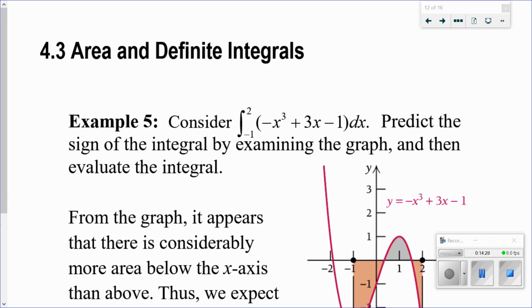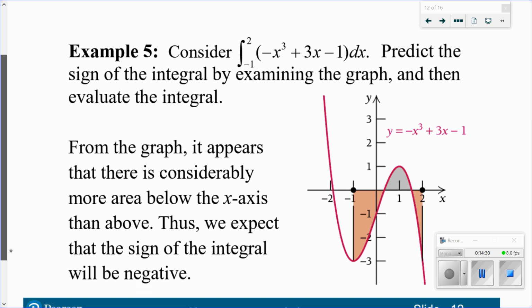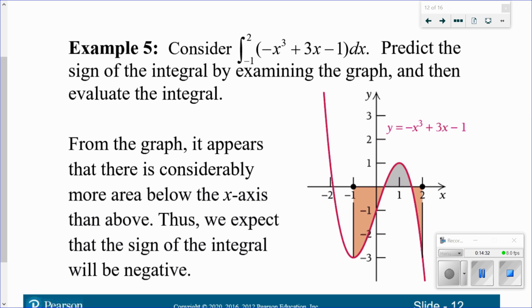If we look at this example, predict the sign of the integral by examining the graph. Okay, so this is the area between the graph and the x-axis.